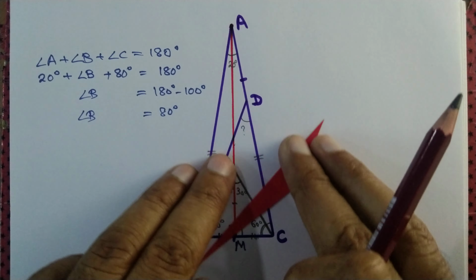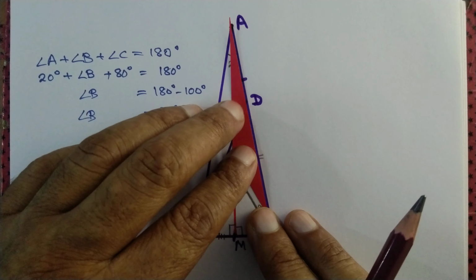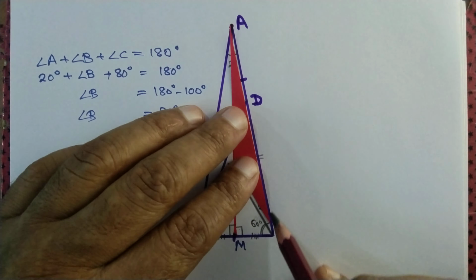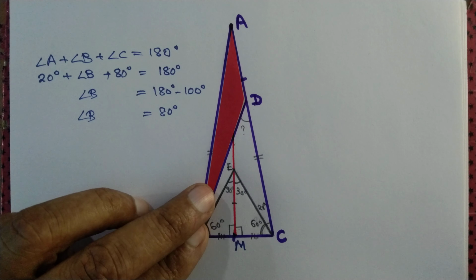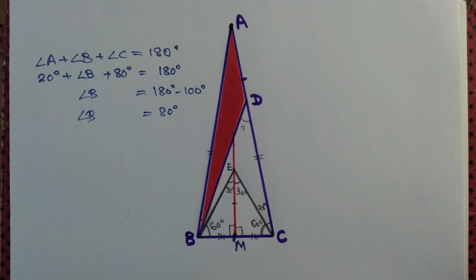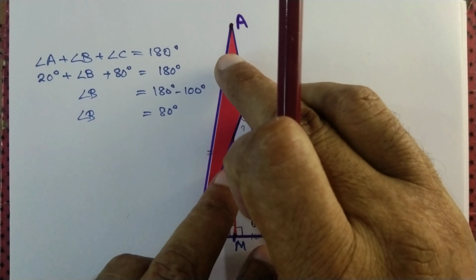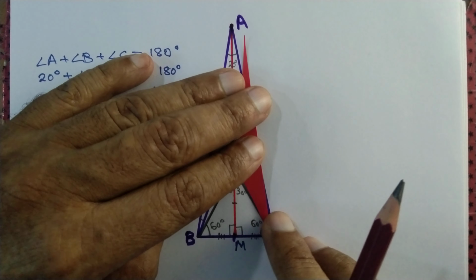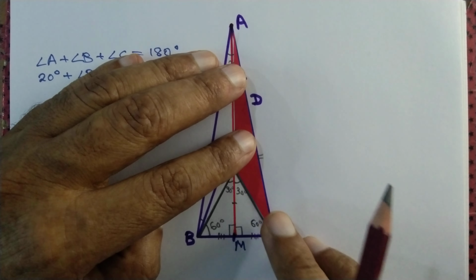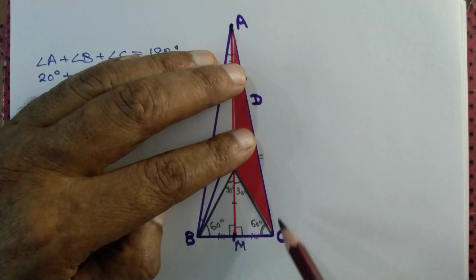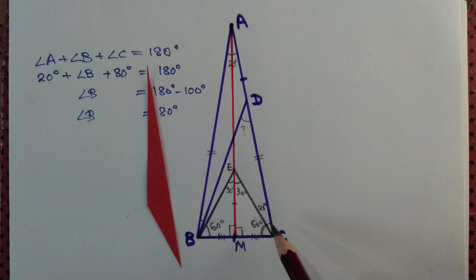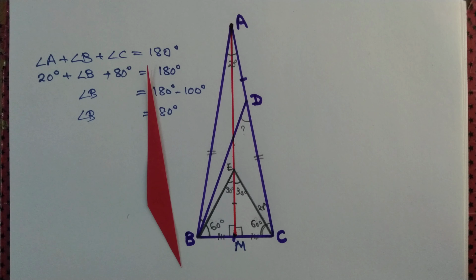Side AB equals side AC. That's because triangle ABC is an isosceles triangle. And then angle A equals angle ECA. That's because we broke 80 degrees as a sum of 60 degrees and 20 degrees, and angle A measures 20 degrees.